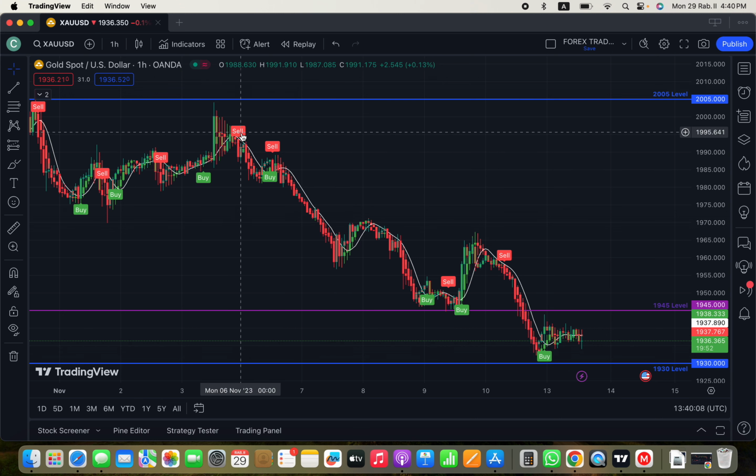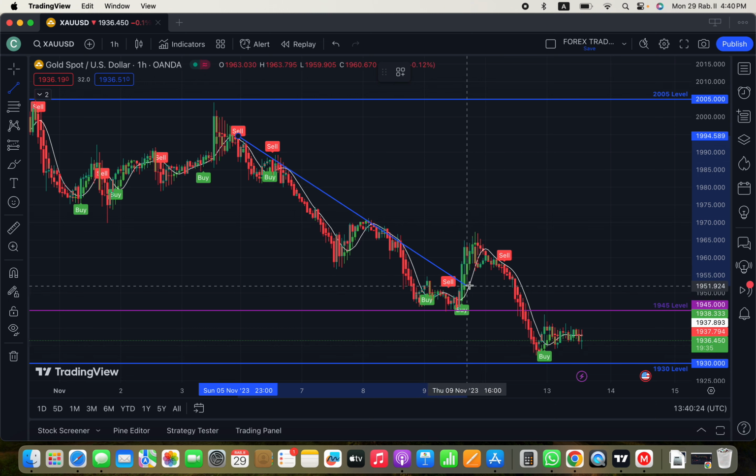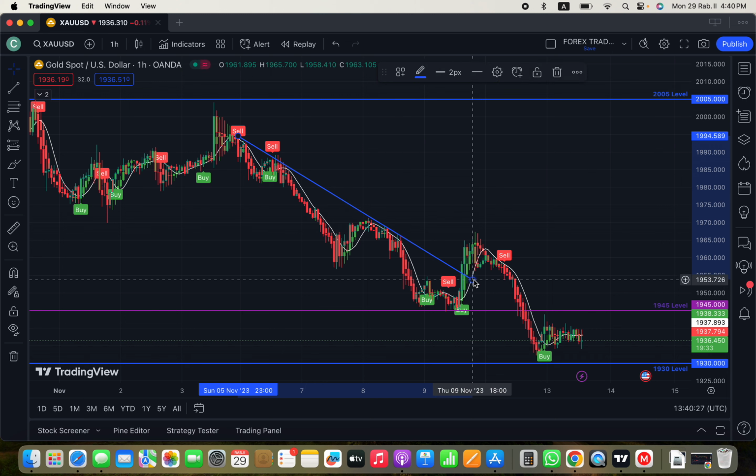If you notice, the sell is going down, lower lows. So you can use your trend line to even mark it. You can see this shows you that the market is going down from this moment.